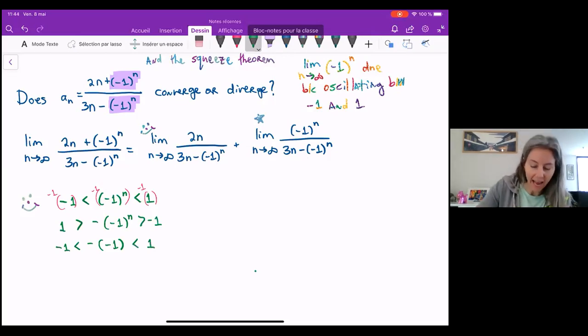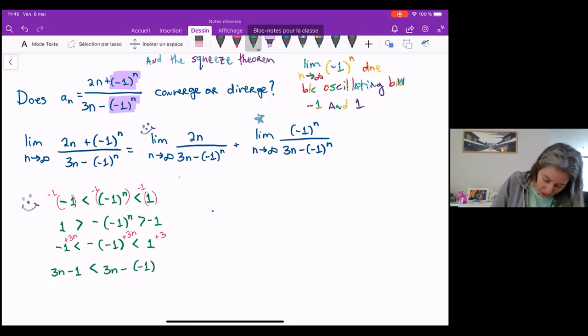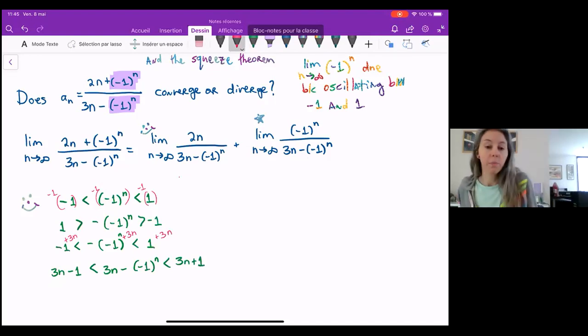Now we're going to add 3n to each of these things, and that's not going to change our inequalities at all. So I'll have 3n - 1 is less than 3n - (-1)^n, which is less than 3n + 1.